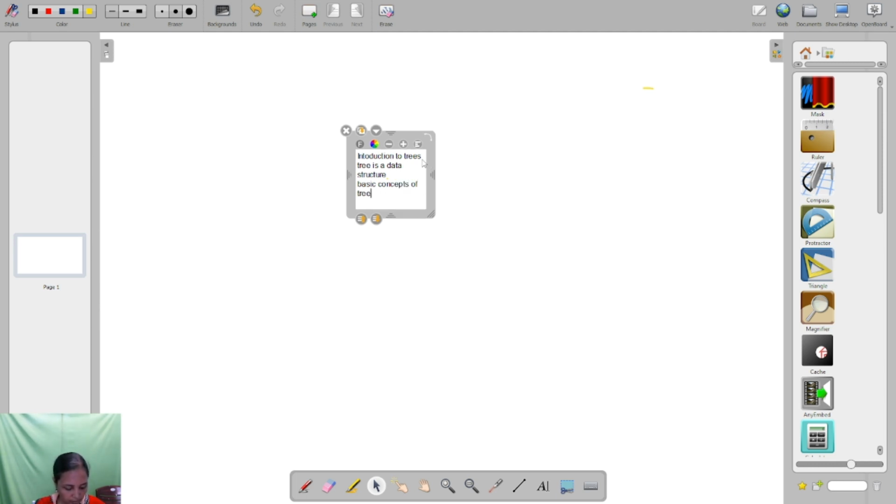So trees. Here I have 4 points about the basic concepts of trees. A tree consists of a finite set of elements called nodes. So this one is one node, this one is called a node.